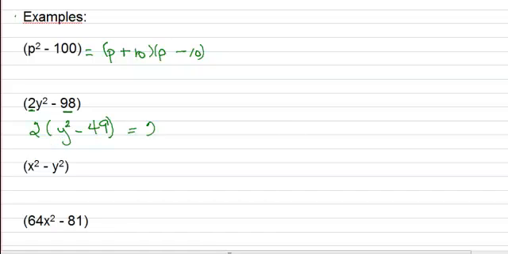So we bring our 2 with us. We never get rid of the greatest common factor. We just drag it with. And we put our new 2 parentheses in there. Square root of the first term is y. Square root of the second term is 7. And then we just do a nice little plus and minus.